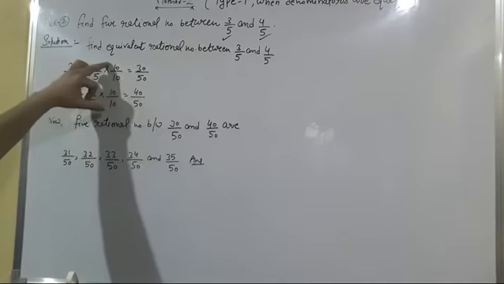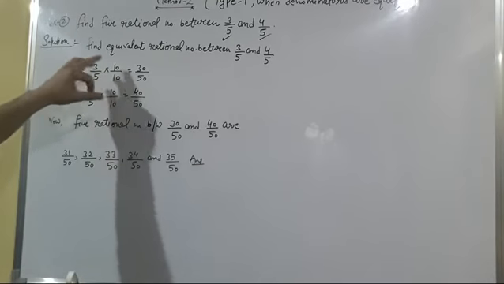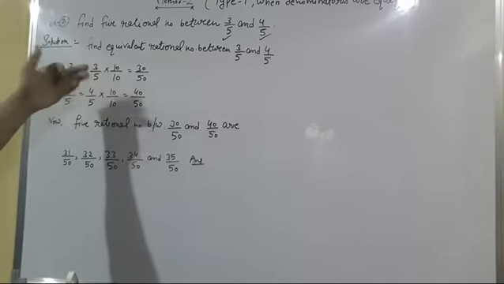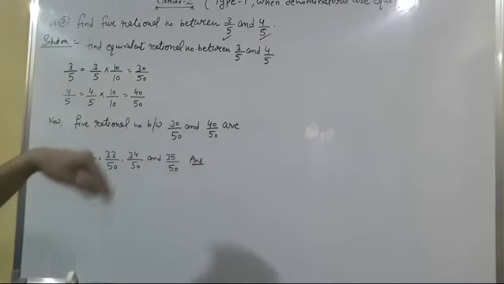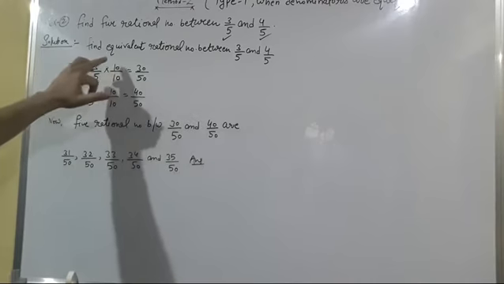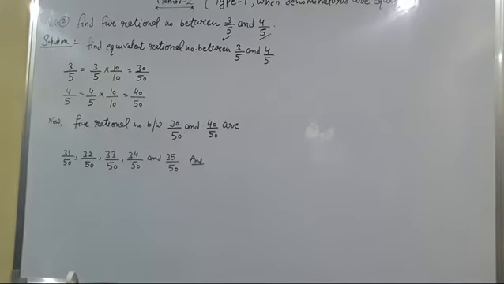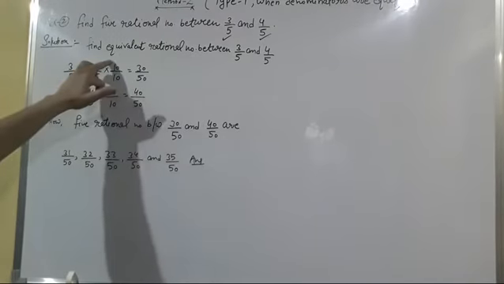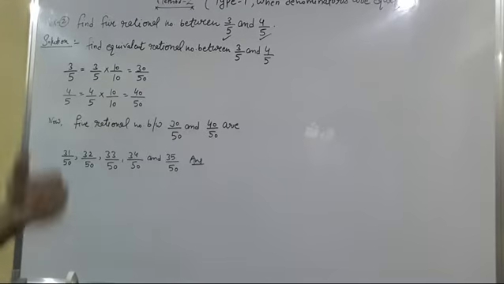Why have we multiplied by 10 by 10, and can we multiply by some other number also? Is there any rule? There is no rule that we will always multiply by 10 by 10. We can multiply by 7 by 7, 5 by 5, or any number.